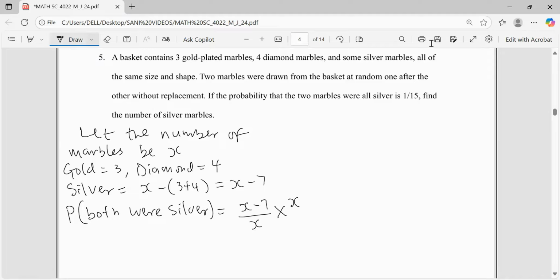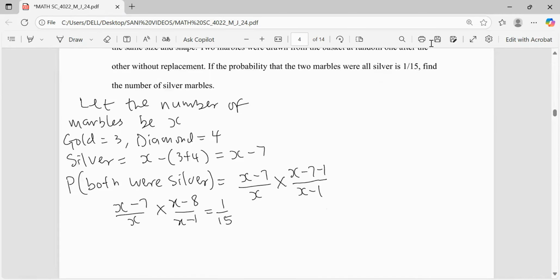That will be x minus 7 minus 1 divided by, since it is without replacement, x minus 1. Since the selection is without replacement, it will affect the second pick. Then that will be x minus 7 over x times x minus 8 over x minus 1 equals, the question said the probability is 1 over 15.